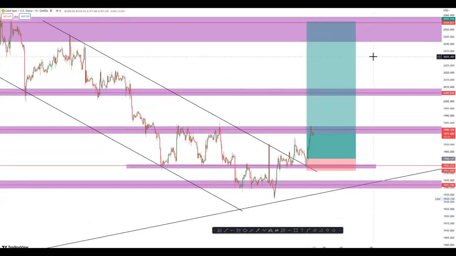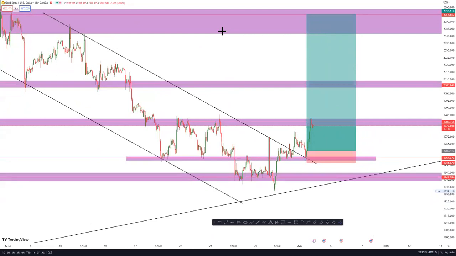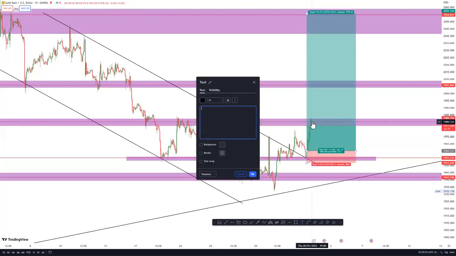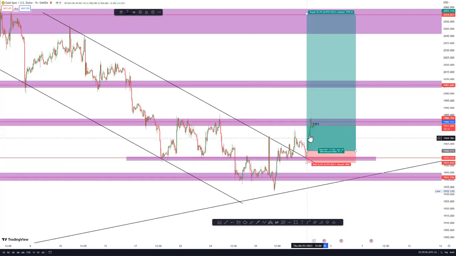So this was my first entry. My first take profit was here. TP1 was at the next level. TP2 was the other level, which we would be hitting in time.